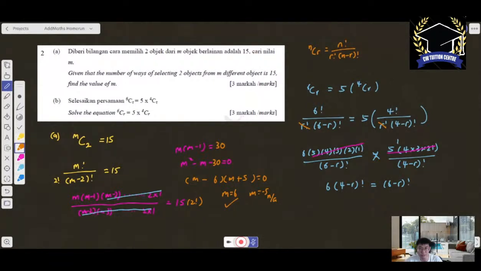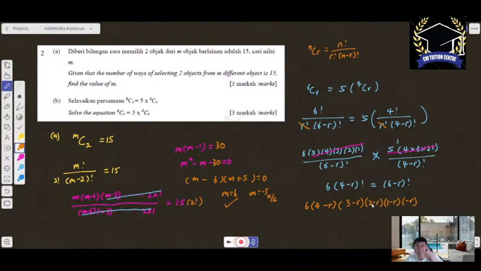So let's see if I can do anything else here. (4 minus r) factorial. Four minus r, okay. 4 minus r minus 1, because you keep on minus 1, so it will become 3 minus r, 2 minus r, 1 minus r, and no more, negative r.